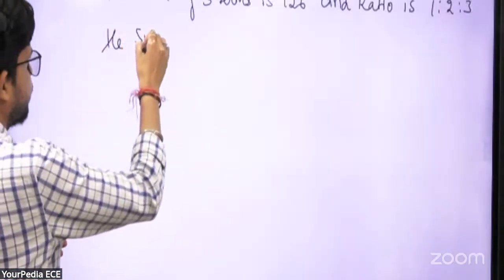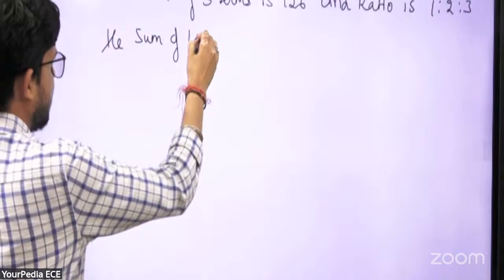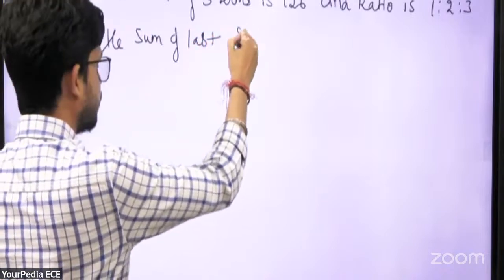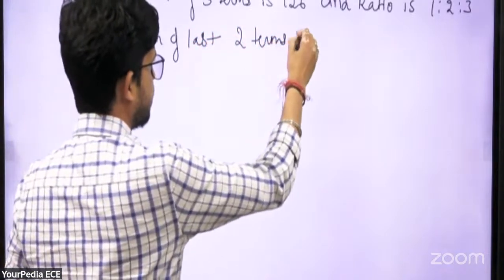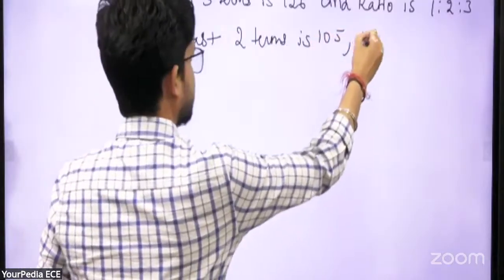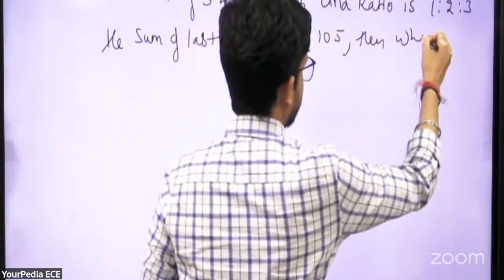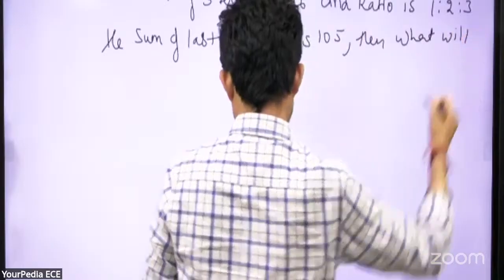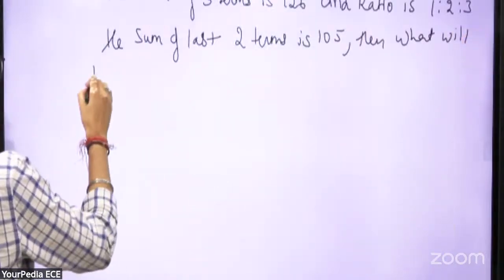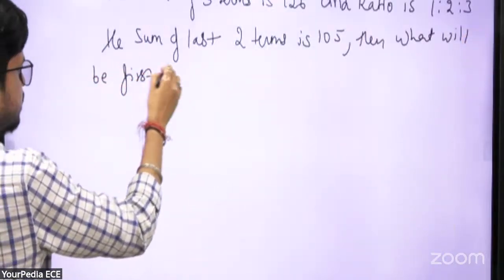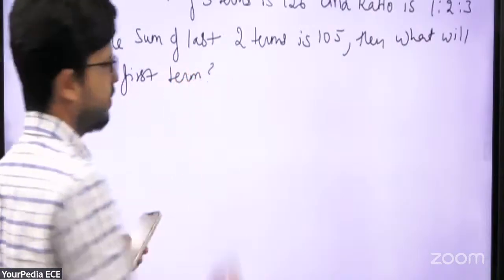The sum of the last 2 terms is 105. Then he's saying tell me the first term.